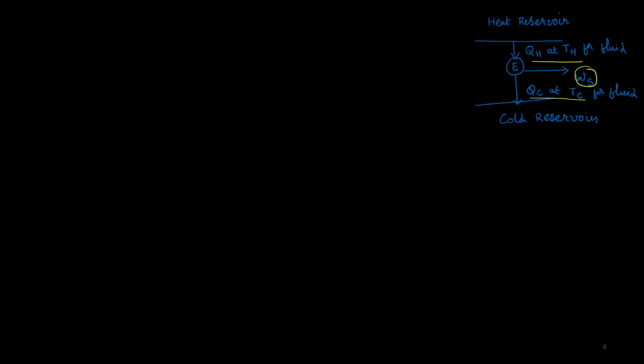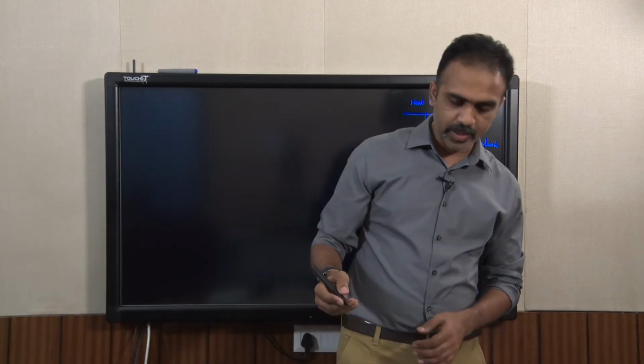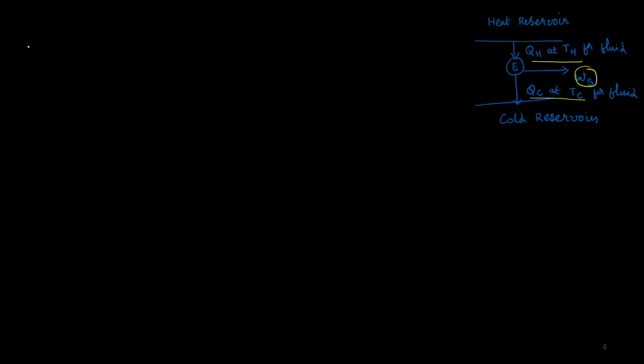Now if I were to build a cyclic process using this heat engine, it's pretty straightforward. All we need to do is imagine a nice system which can do this job for us, right? So let's see if we can draw that system. I'm going to build a piston and cylinder assembly, right?